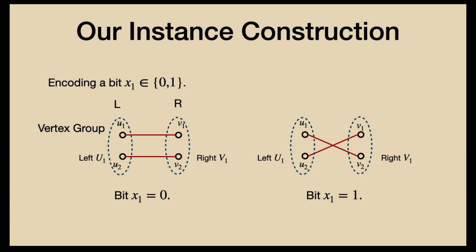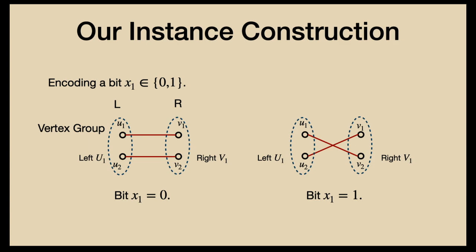So U1 and V1 are going to be connected if this bit is 0. U2 and V2 are going to be connected if this bit is 0 again. And if this bit is 1, you're going to be switched. So the edge connections between these sets of 4 vertices encode one single bit for us. And it will be clear why we're doing this in a little bit.